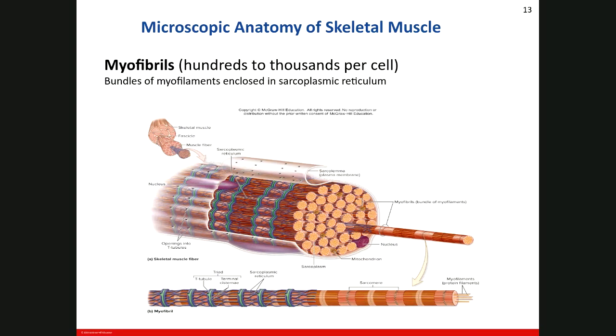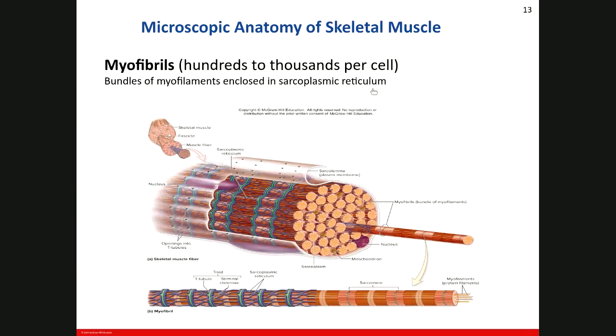The other structure which you can see inside the muscle cell is called myofibrils. In each muscle cell, or each muscle fiber, we have hundreds to thousands of these myofibrils. These myofibrils are composed of bundles of myofilaments. And these myofilaments are wrapped by sarcoplasmic reticulum.